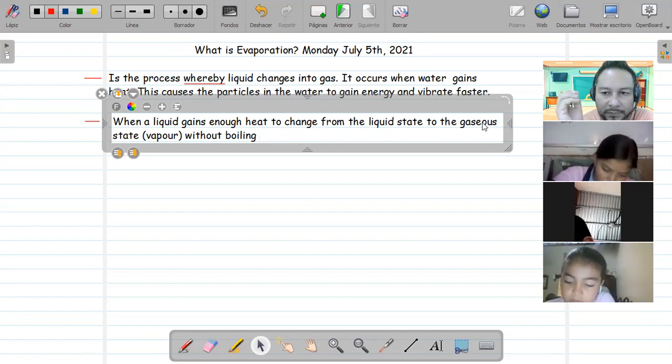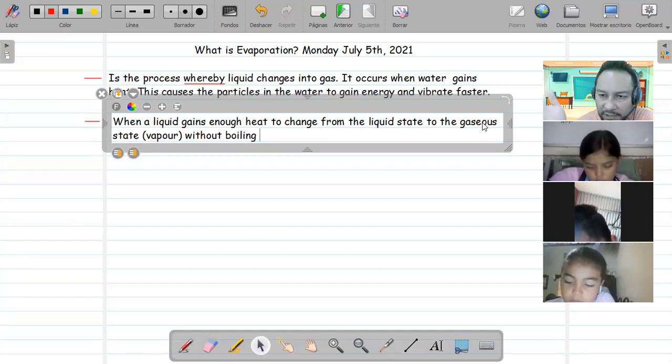Or when you see the water cycle, you cannot see the vapor without boiling.